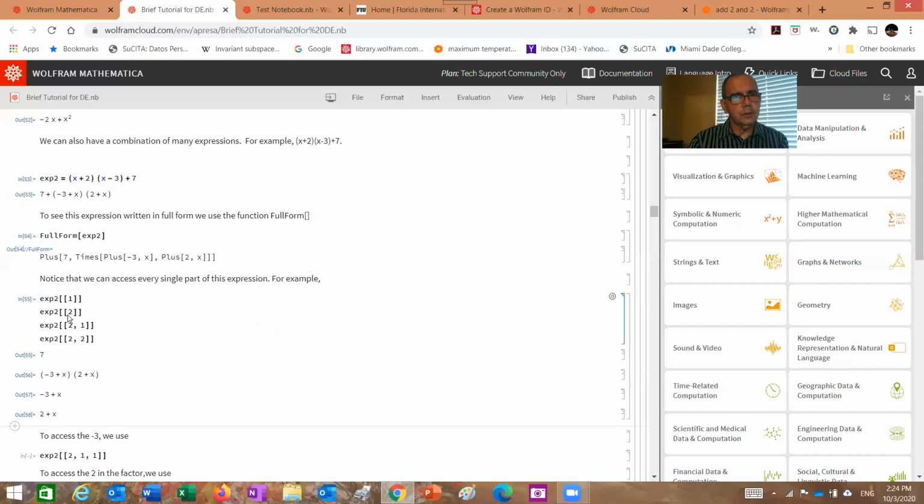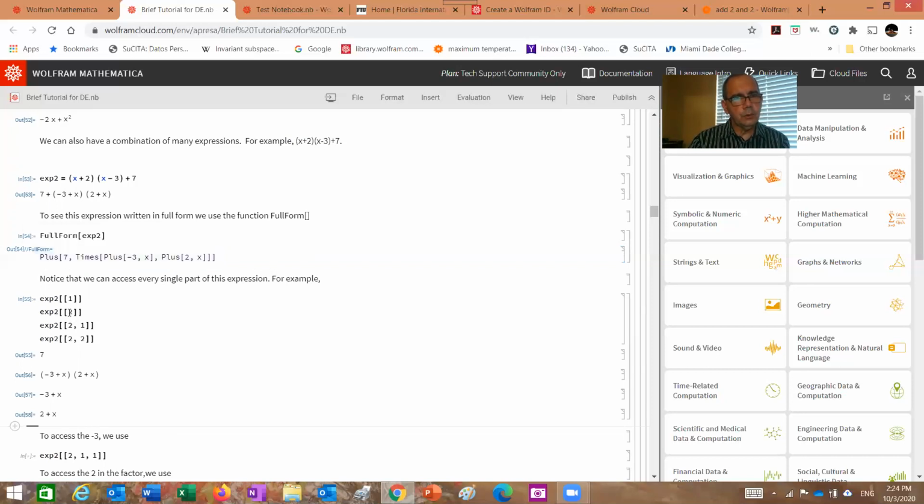And here, you see that when I enter exp2 double bracket 1, it returns only the first argument of the plus, which is the last operation applied, the outermost expression. So it's going to be 7.